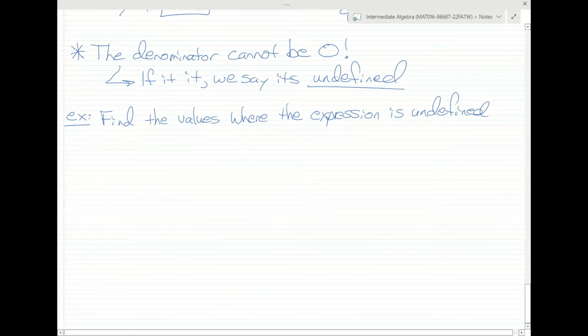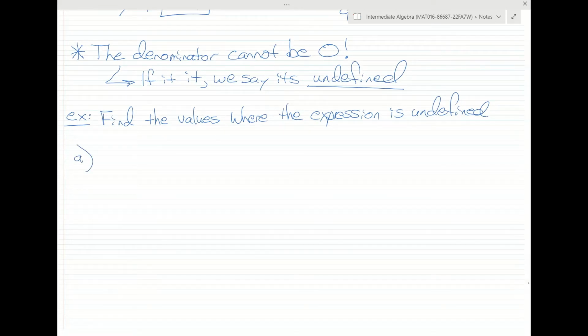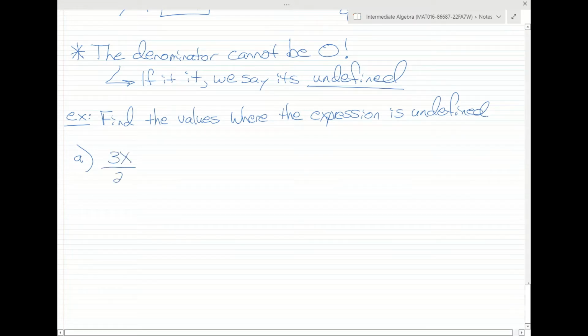Really, what I'm asking you to do is to set the denominator equal to 0 and solve. So first problem, if it was 3x over 2, there's no x in the denominator, so this is never undefined because there's no variable in the denominator. What if we had (x - 4) over (2x + 1)?